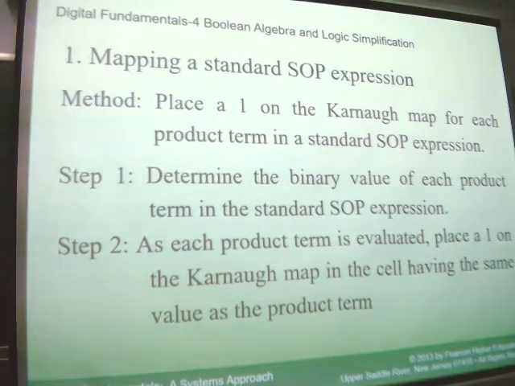So we first should do the mapping of a standard SOP expression. The method is to place a 1 on the Karnaugh map for each product term in the standard SOP expression.